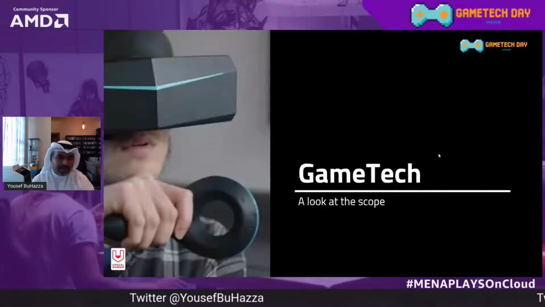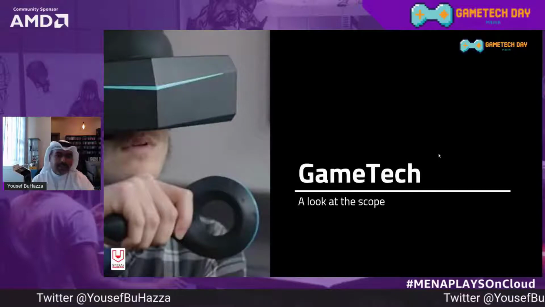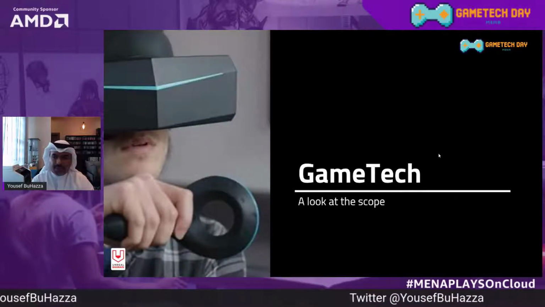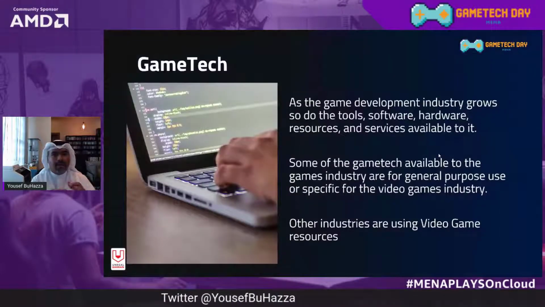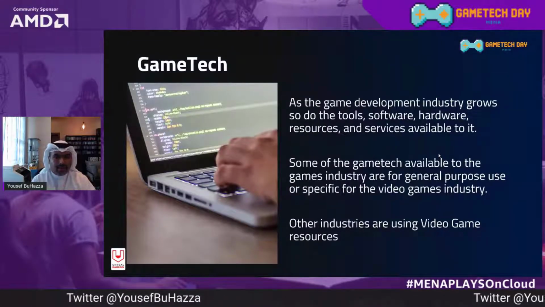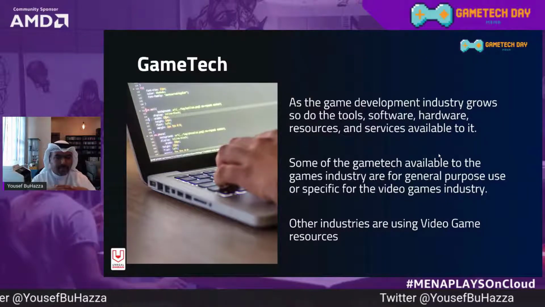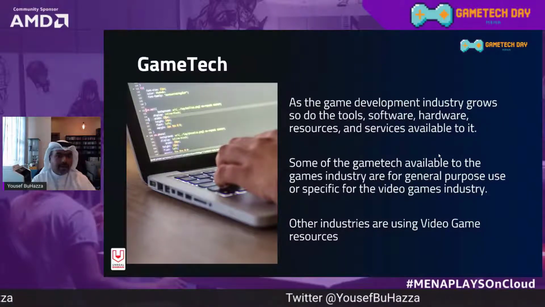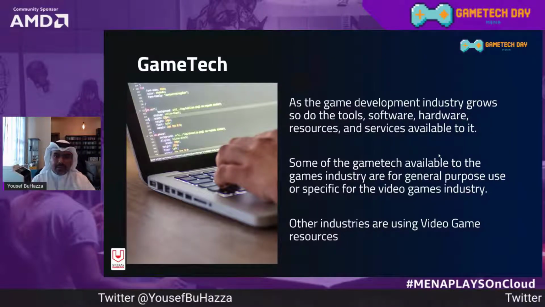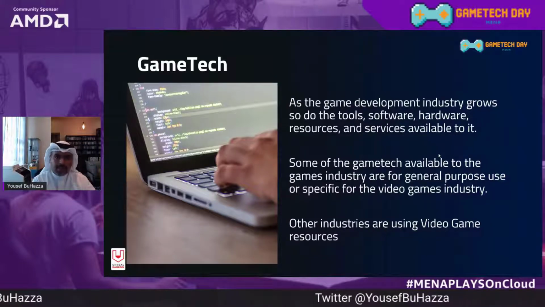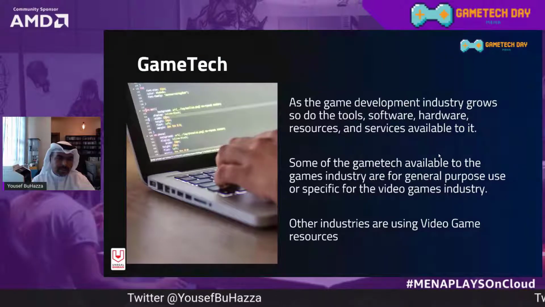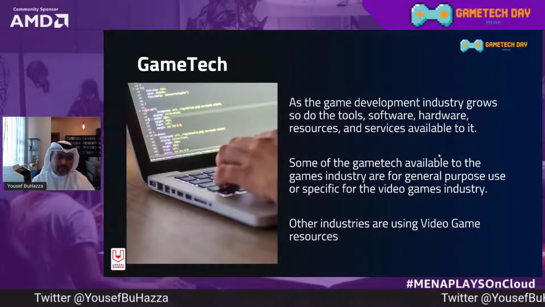With that, it really is important to define the scope of our GameTech talk. It was defined earlier that GameTech is basically tools, software, hardware, resources available to the gaming industry. But these tools are sometimes specifically designed for the gaming industry.